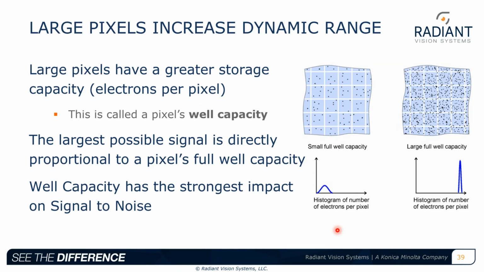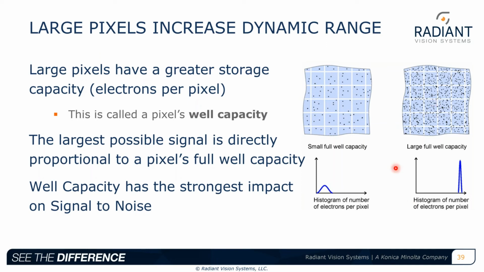This is a quantum effect where there's always some uncertainty in where the photon will go. If you have a small well capacity, shown here, that let's say only fits 5, and an electron either doesn't show up or shows up where it shouldn't, 1 out of 5 is pretty significant. Whereas if you have a large well capacity that can fit maybe 100, 1 electron doesn't matter as much as it does when there's only 5.